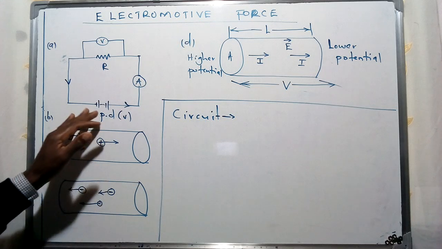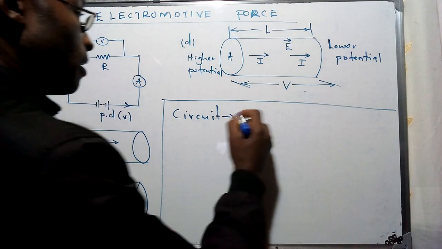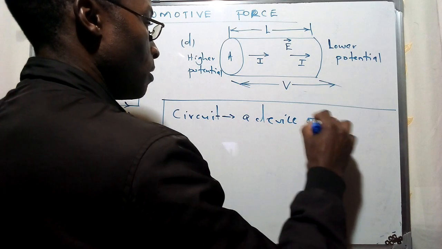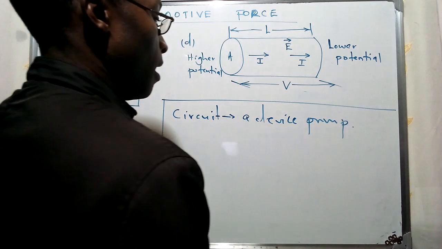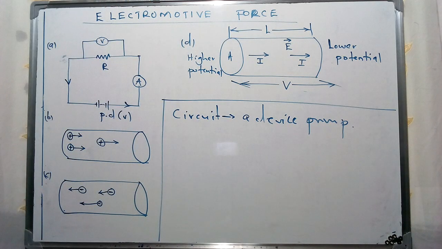Now, we're going to look at some of the characteristics of this specific aspect which we have mentioned. And in this particular case, this circuit is going to require a device, as I've said, to pump these specific charges within this specific loop which I've mentioned that constitutes a circuit.